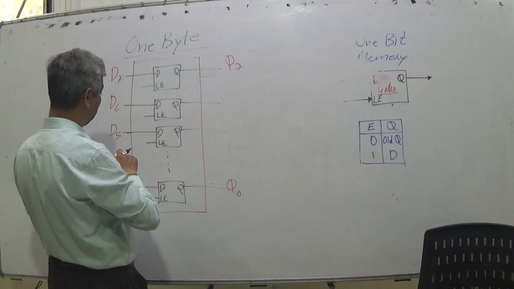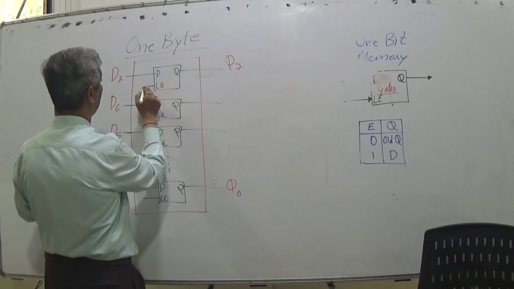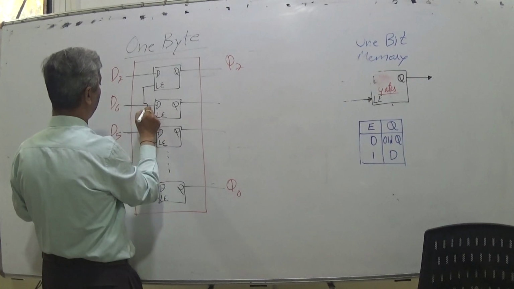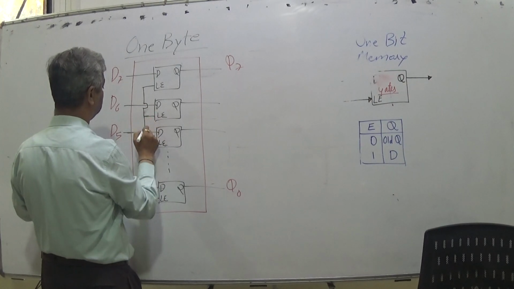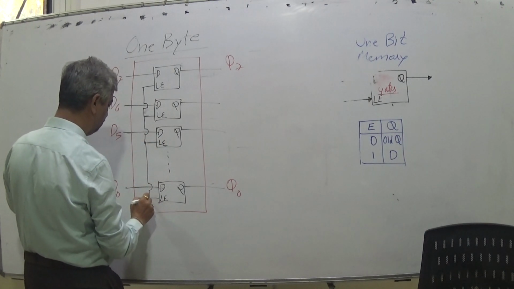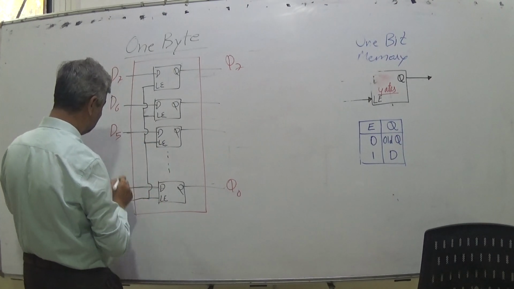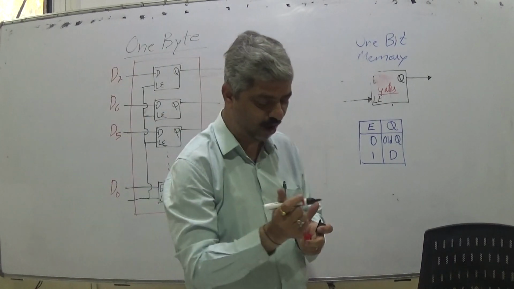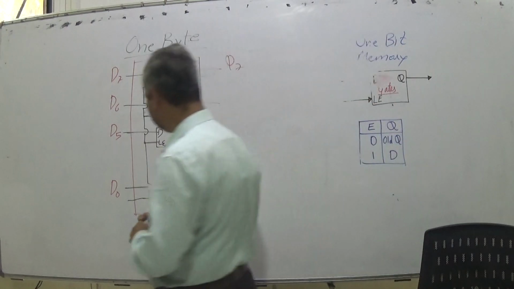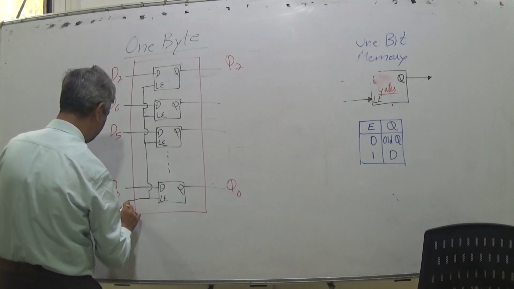And what will I do about latch enable? Latch enable, I want to write entirely in the memory. So I will combine latch enables of all these flip-flops, all these single bit memory locations, and that would be my common latch enable. That latch enables will not be separate. There will be a common latch enable. So this is the overall latch enable.